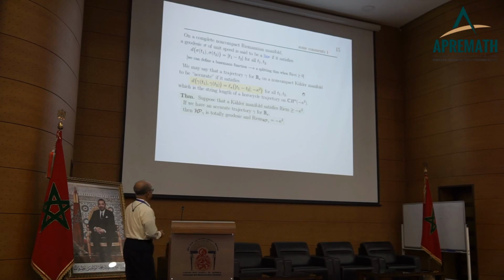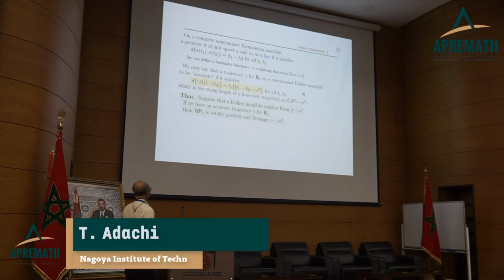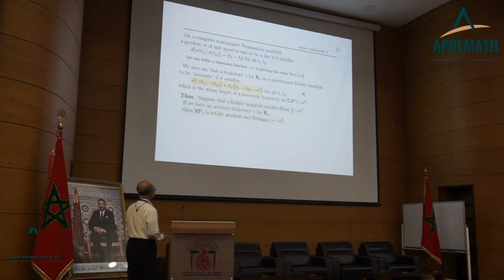Corresponding to this, we say that a trajectory gamma for a Kähler magnetic field on a non-compact Kähler manifold is accurate if the distance between two points coincides with the string length of constant holomorphic sectional curvature.